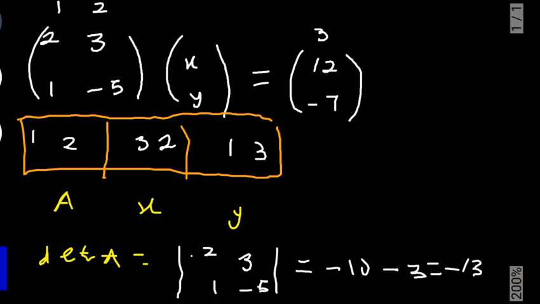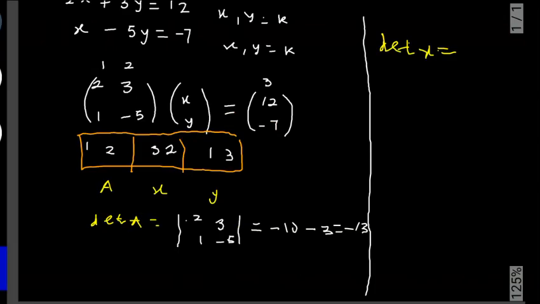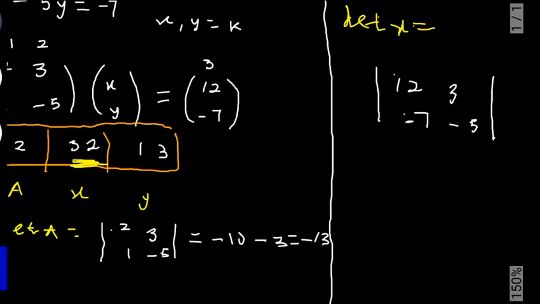The next is our determinant X. Our determinant X would be columns 3 and 2. So drawing column 3 and column 2, we have 12, -7 and 3, -5. The determinant of X is going to be 12 multiplied by -5 diagonally, taking away 3 multiplied by -7.